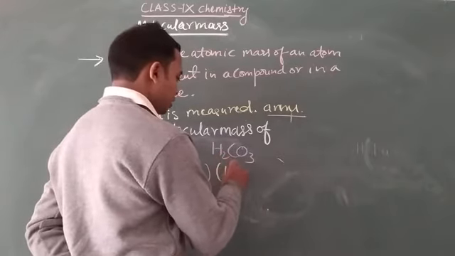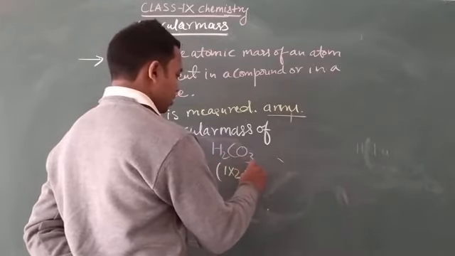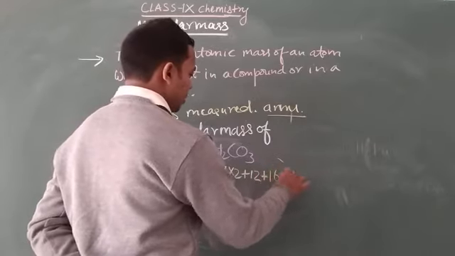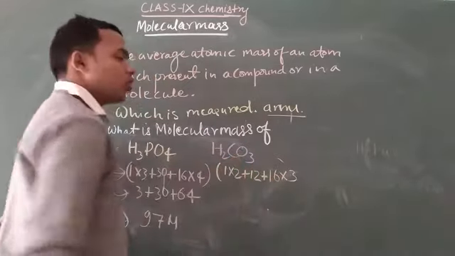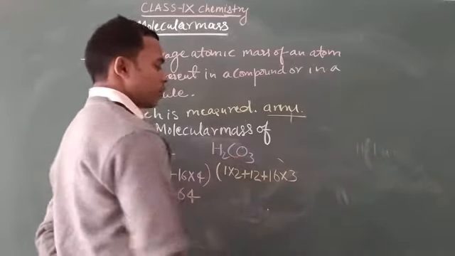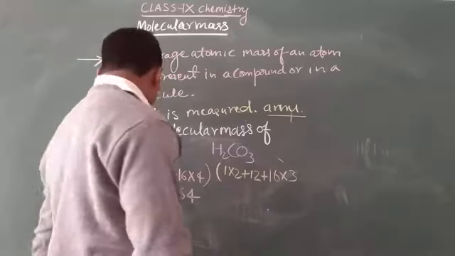And now here is hydrogen 1 into 2 plus carbon 12 plus 16 into 3, because the value of one oxygen is 16 and here there are 3 oxygens, that's why we have multiplied by 3.